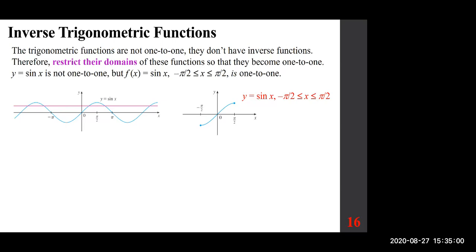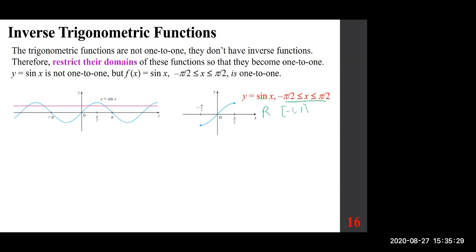By the way, why is that? Because first of all, they want to cover the whole range of negative 1 to 1, and they didn't want it to be a couple of branches that are discontinuous. So to keep the continuity, they go from negative pi over 2 to pi over 2. Therefore, if you look at this, you see the domain is this, and the range is what?